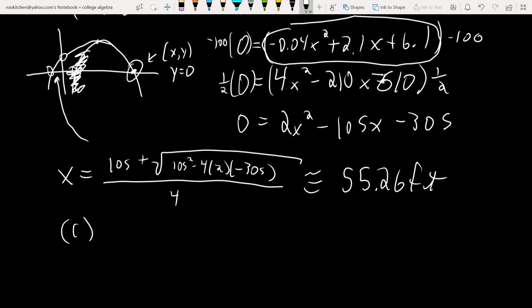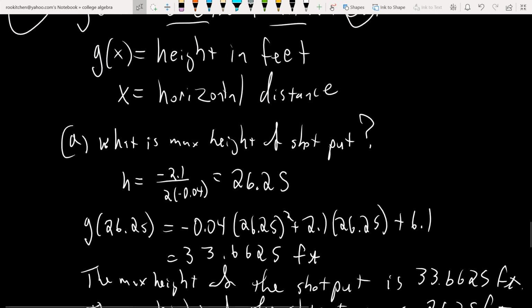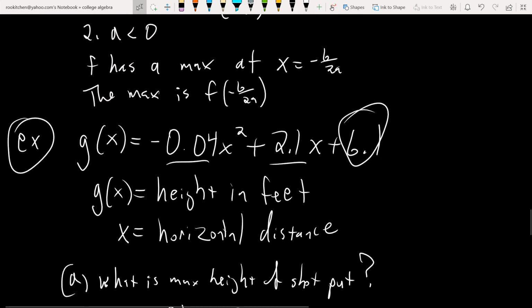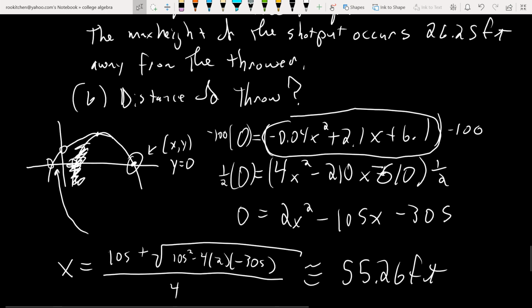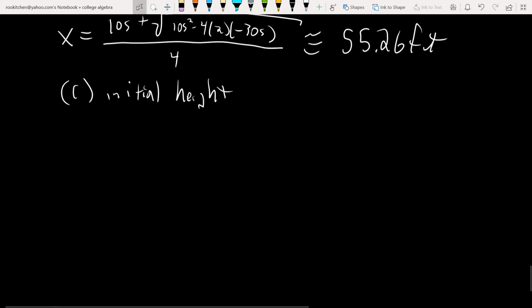I guess the last question, and then we'll call it quits, is the initial height. And if you look at the formula, the initial height is basically time 0, when the horizontal distance is 0, when the shot put is basically in the hands of the thrower. So you could put in x equals 0 and evaluate.